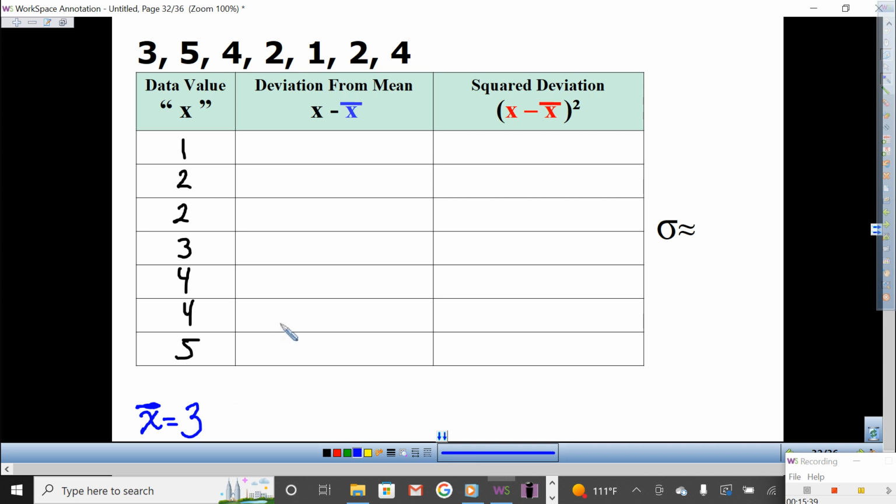Okay? So now look at the formula here that I gave you for the next column, deviation from mean. You take X and subtract, what is this? The mean. So you're going to put minus, minus, minus, minus, minus, minus, minus. And I'm going to write 1, 2, 2, 3, 4, 4, 5.